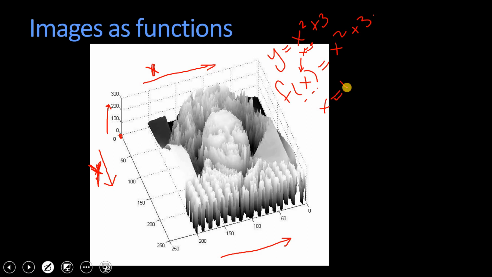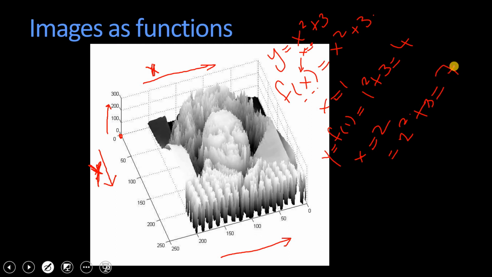So when x is 1, the f of x or f of 1, which we also call y or the output, will be equal to 1 square plus 3, so it will be equal to 4. When x is 2, it will become 2 square plus 3, which is 4 plus 3, that is 7. Clear?